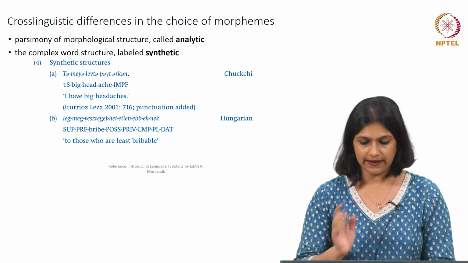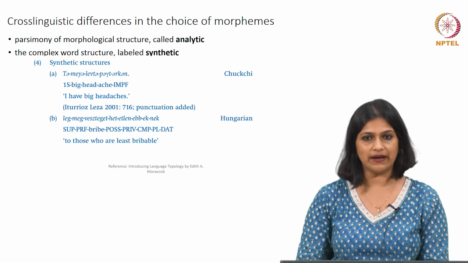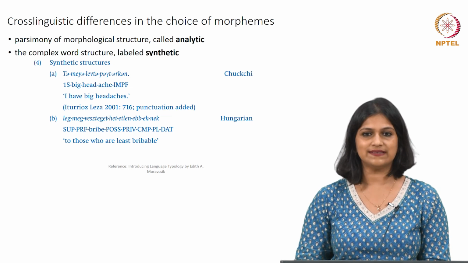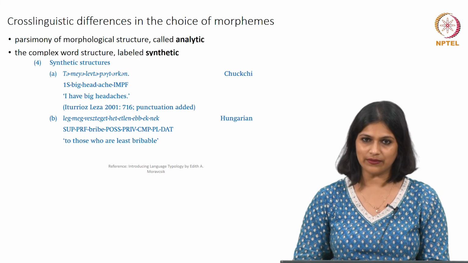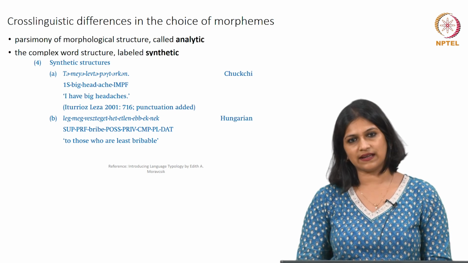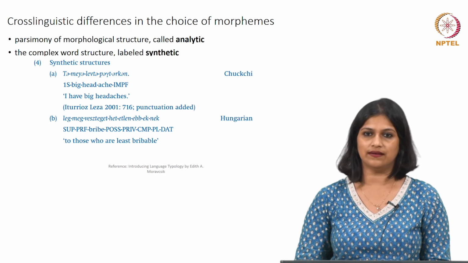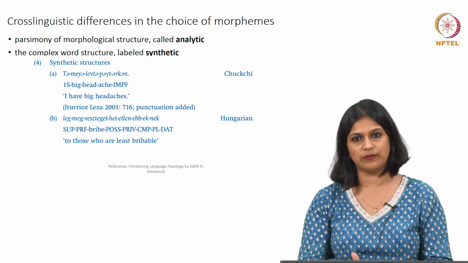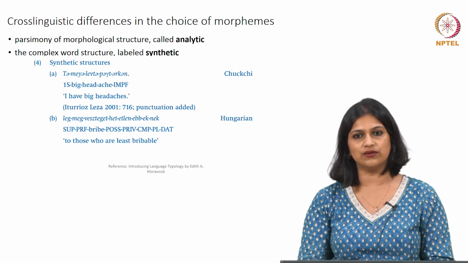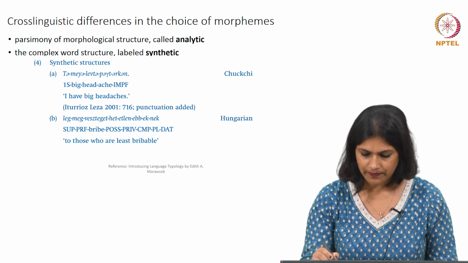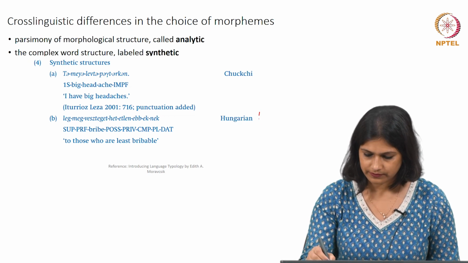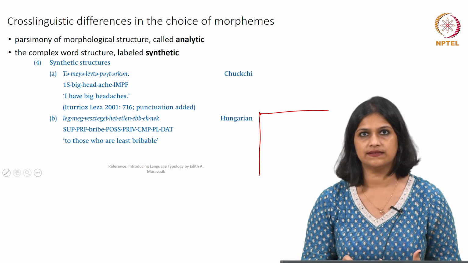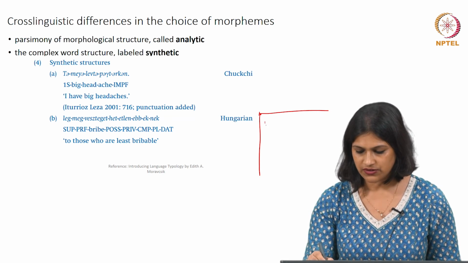Now, let us think about English, which is primarily considered to be an analytic language. Why is this considered to be an analytic language? Most of the words in English are monomorphemic, or the complexity of the morphemes is not that huge in English. However, we have words like, let us say, undestroyable.